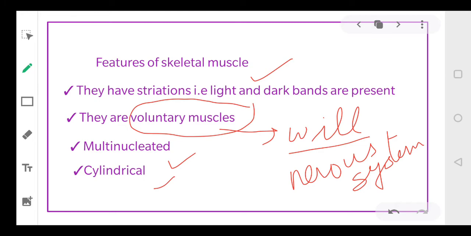If we want to move these muscles, we can move them; if we don't want to, they will not move. They are like the muscles present in your limbs, in your hands. So these are examples of skeletal muscles, and another name is voluntary muscles.